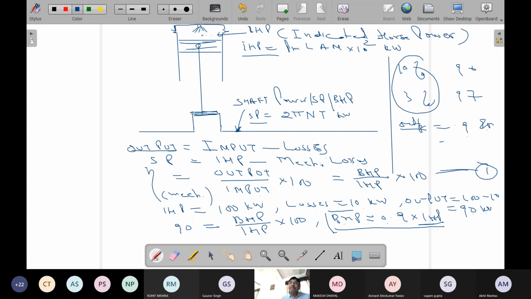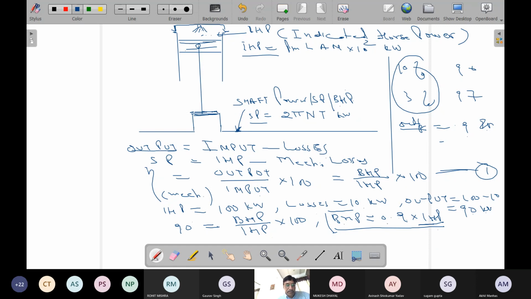Just remember, because in numerical sometimes they write efficiency is 90%, sometimes they will say losses are 10%. So you should not get confused. The meaning is same. When they say 10% loss, you must understand efficiency is 90%. If they say losses are 7%, efficiency is 93%, like that. Okay, all right.